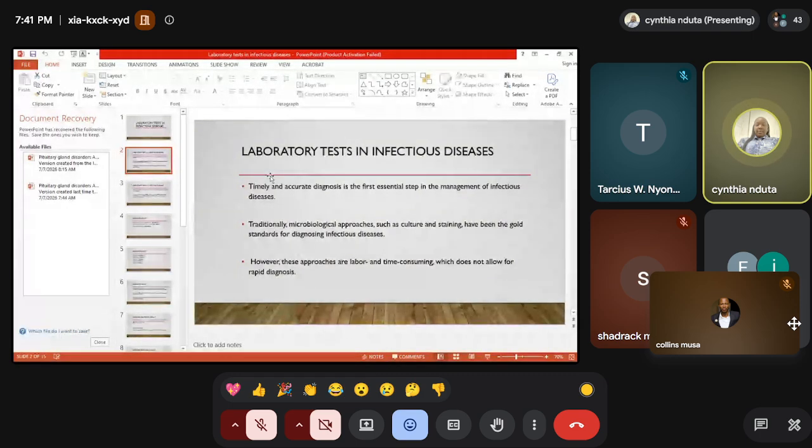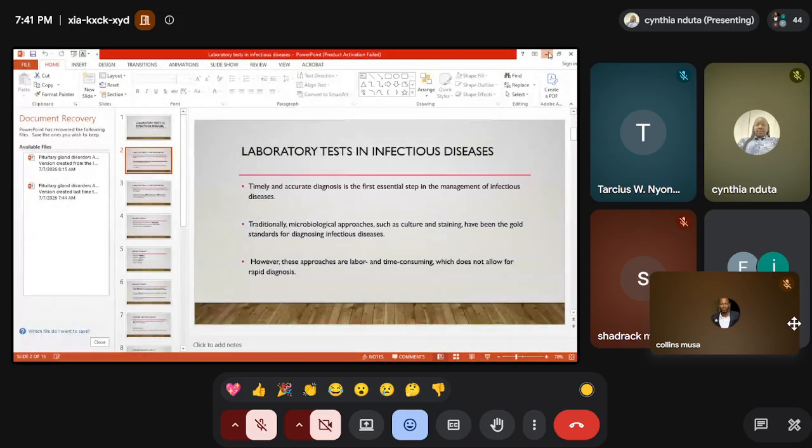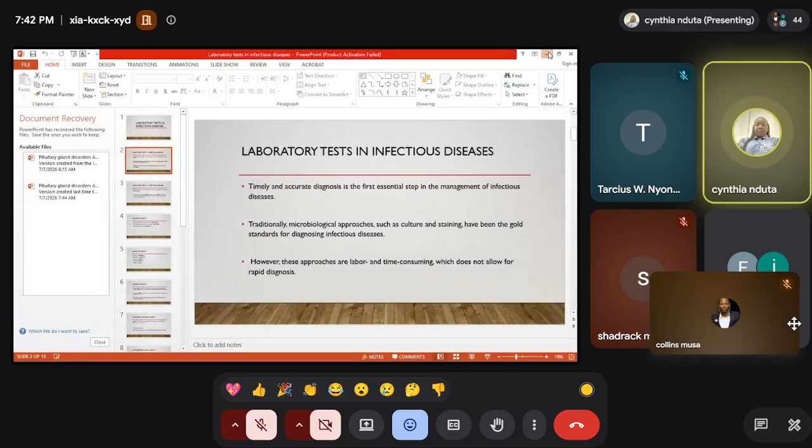Many times, people have misdiagnosed infectious diseases, and in the process, people have ended up with very severe infections when you miss the diagnosis.